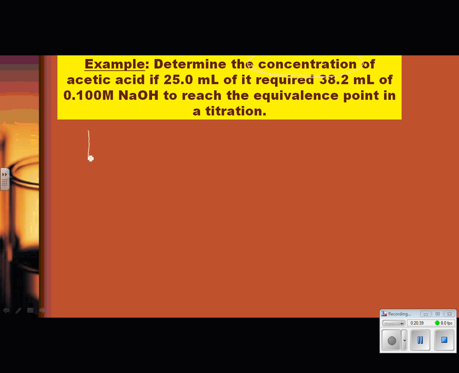So we have acetic acid, which is HC2H3O2, plus NaOH yields NaC2H3O2, because acetate's a -1, sodium's a +1, and HOH.